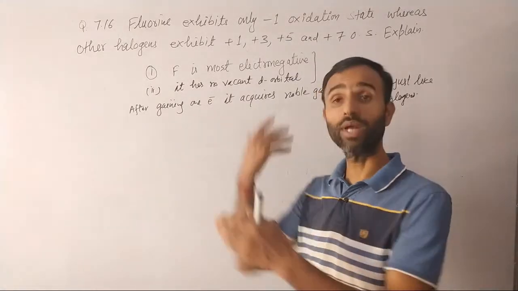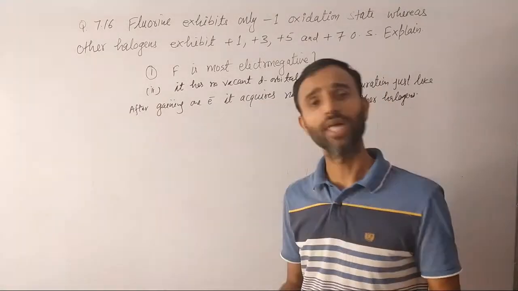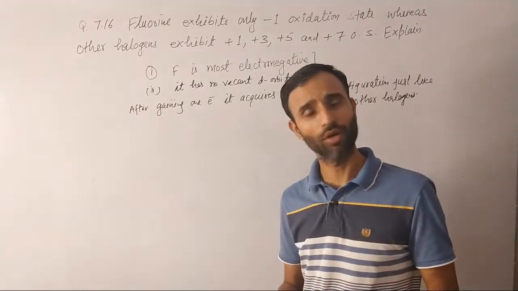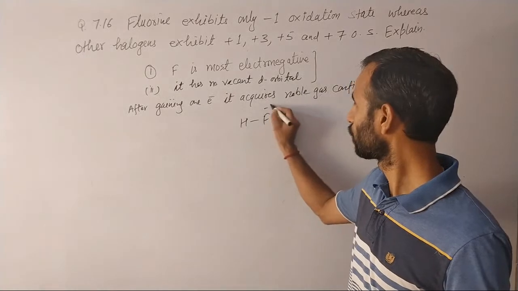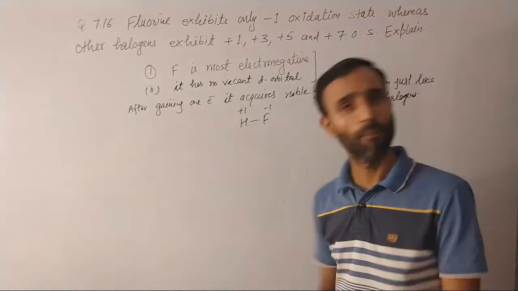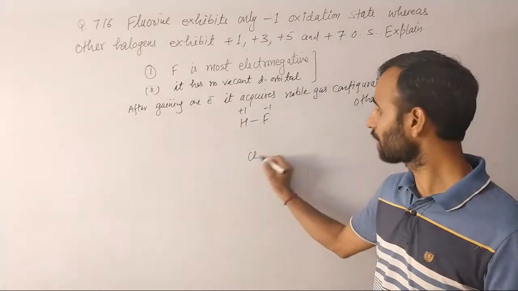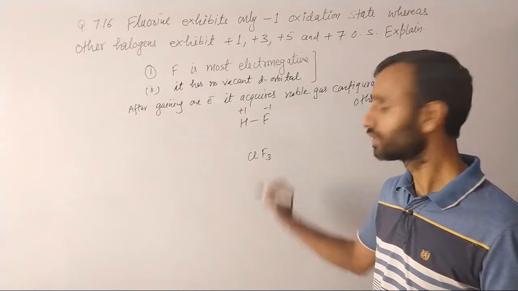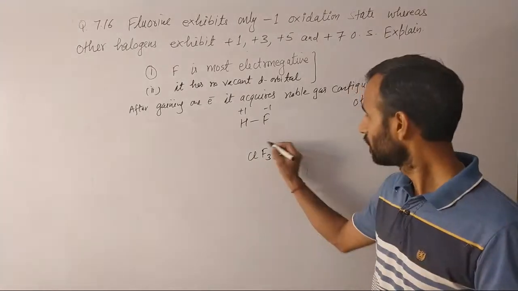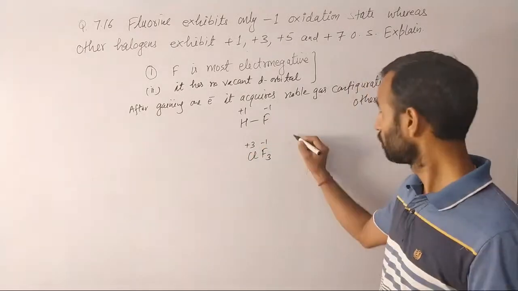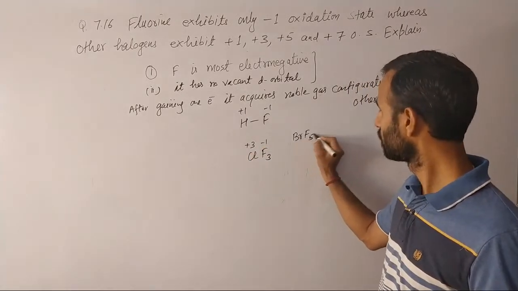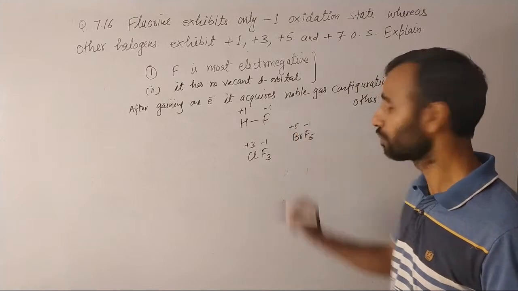Like if we have HF, fluorine is -1, hydrogen is +1. If we have ClF3, then fluorine is -1 and chlorine is +3. We have BrF5, fluorine is -1, bromine is +5.